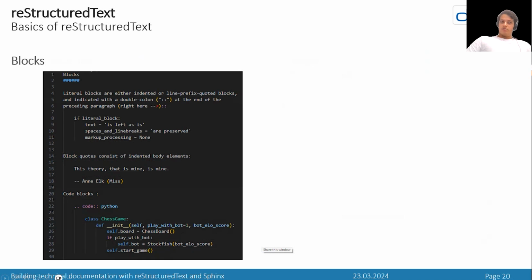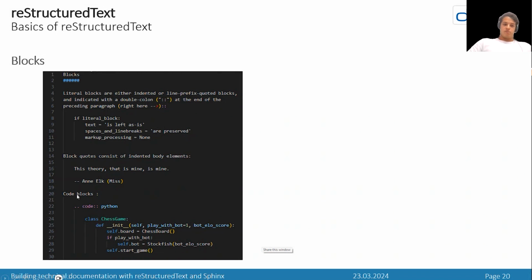Okay, now we can talk about blocks. In RST, we have several ways to create blocks. The first one is literal blocks. They are mainly used to display content exactly as it appears. It preserves everything. It doesn't do any kind of formatting. Then we have block quotes. Whenever we need to quote something from an author, those will be displayed specifically.